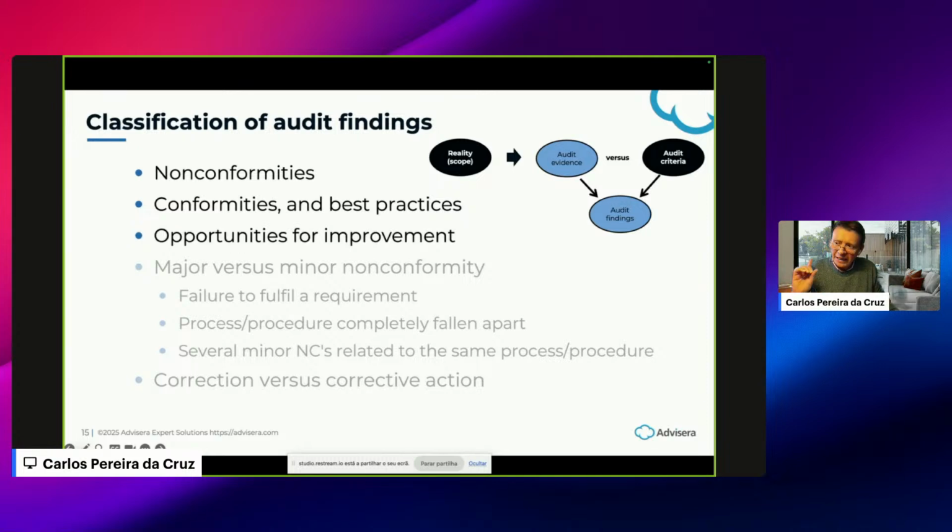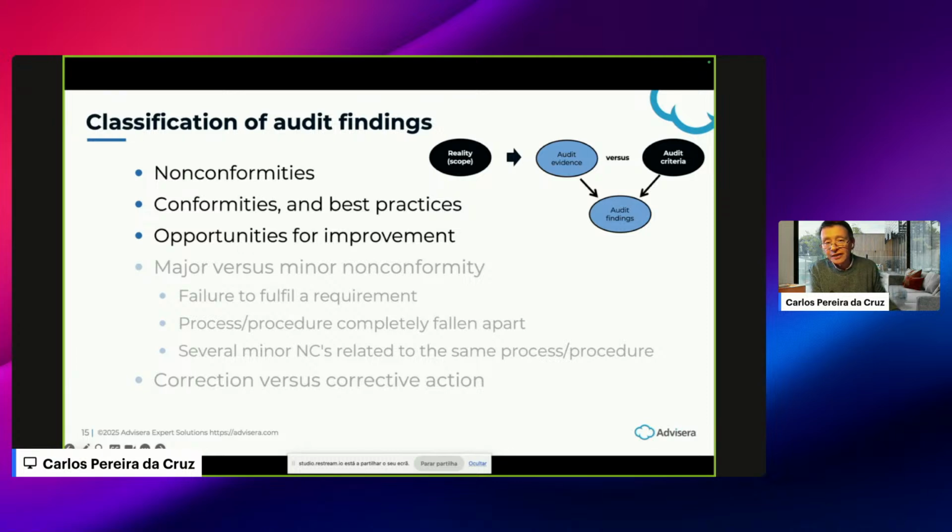And attention, an opportunity for improvement is not a tidy non-conformity. It is presented as information, and no response is required. It is a suggestion based on the auditor's experience or perspective, okay? It may be something related to inefficient practices or maybe something negative but unrelated to the audit scope or criteria, okay? It is optional whether the auditees do something with it.